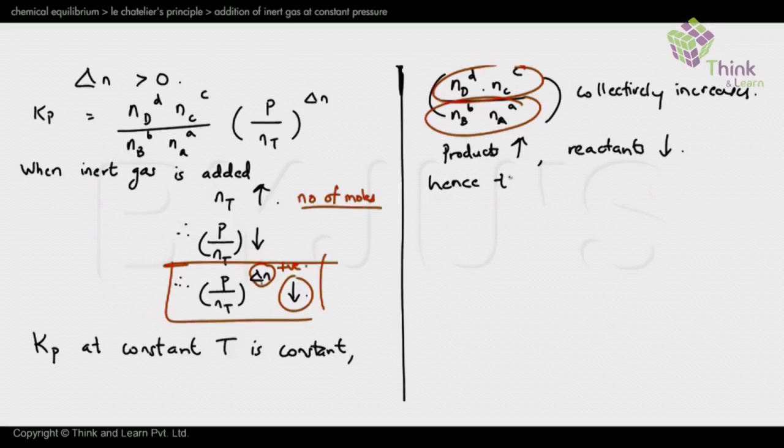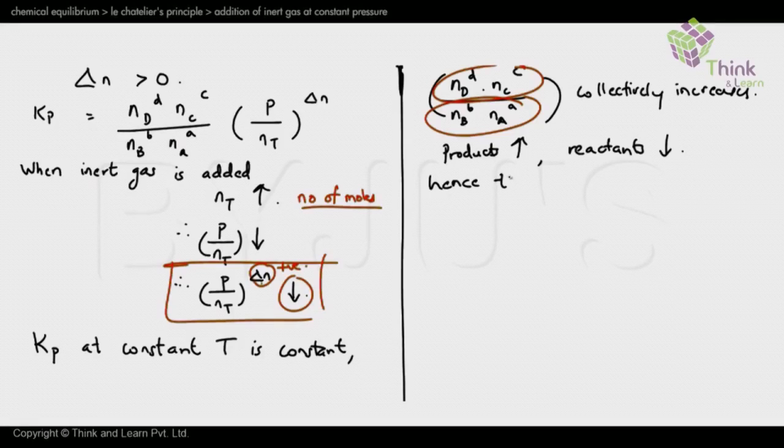So now, again taking back from the reaction, Kp is equal to Nd raised to D into Nc raised to C divided by Nb raised to B into Na raised to A, the whole into pressure by Nt, the whole raised to delta N.